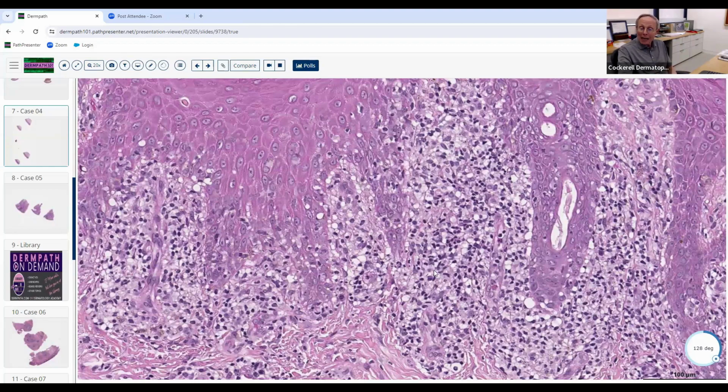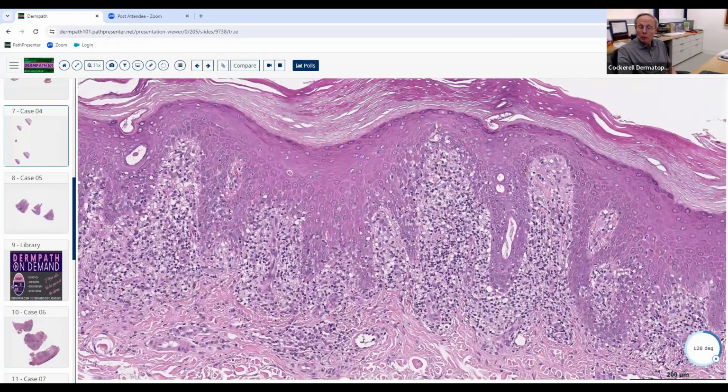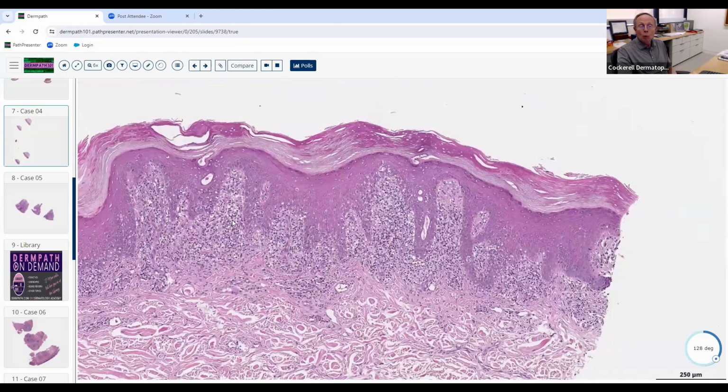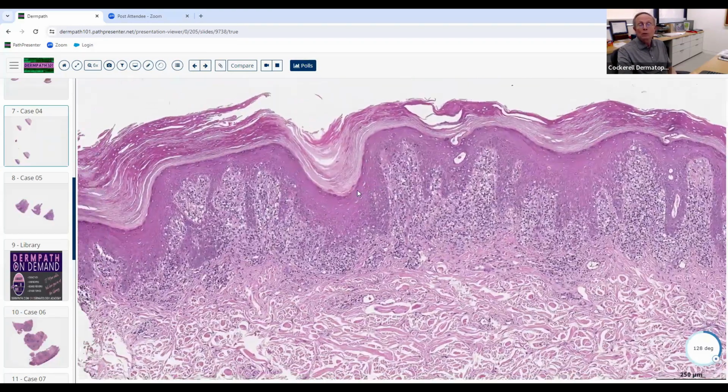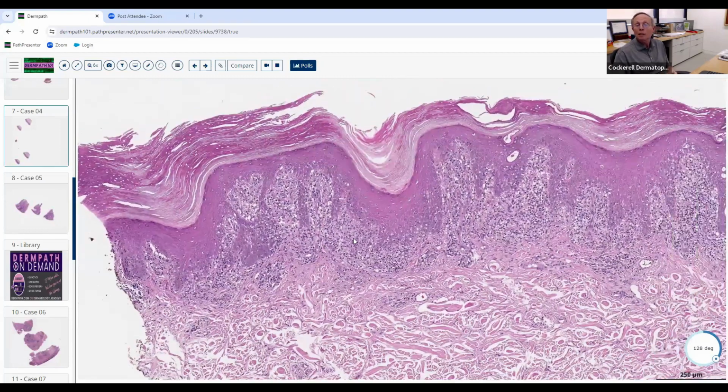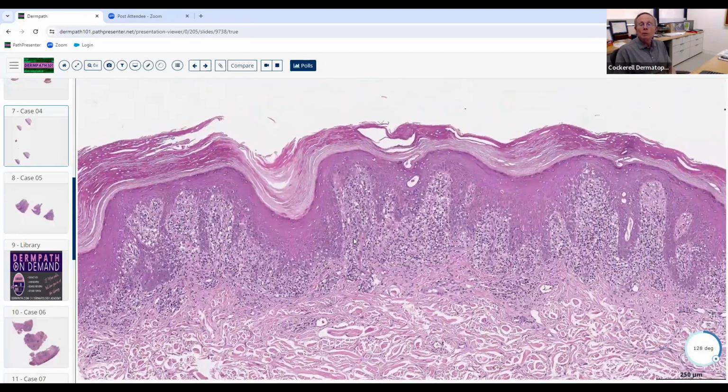But if you recognize this pattern of poorly formed granulomatous inflammation with plasma cells and a psoriasiform lichenoid infiltrate, and it really is lichenoid, really obscuring the DE junction in several areas, that's a very important clue to the diagnosis of syphilis. It's one of the histologic patterns that we see with syphilis.